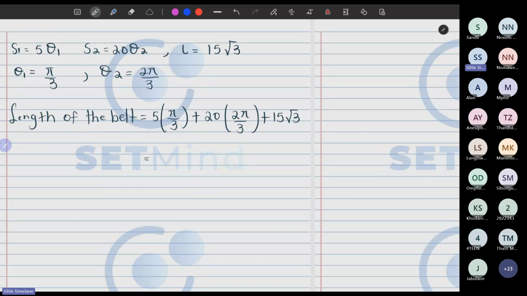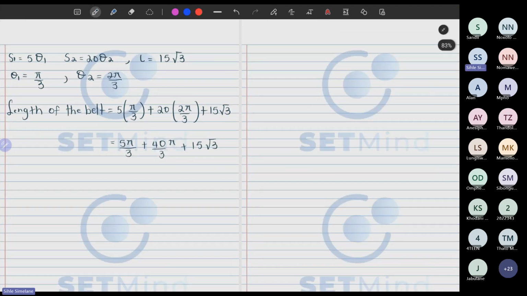So our length of our belt will simply be, if you add up all of these, 5 pi over 3 plus 40 pi over 3, and then plus 15 square root 3. You can leave your answer looking in this way. There is no need for you to try and simplify.